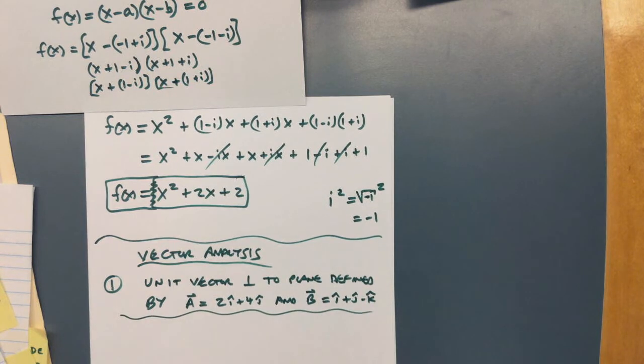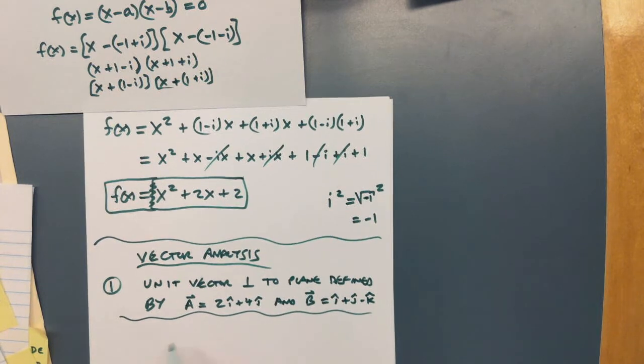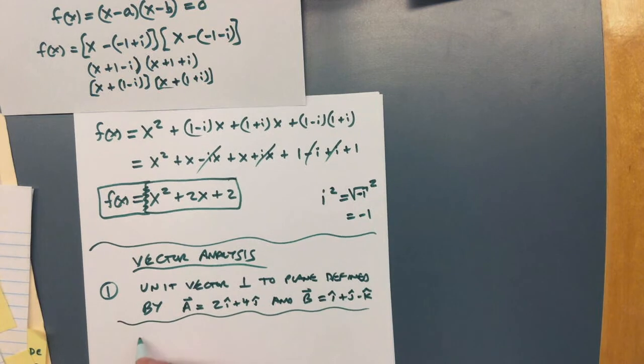So the approach here is to get a vector perpendicular to the plane and then turn it into a unit vector. A vector perpendicular to two other vectors is defined by the cross product of these two vectors. Their cross product will be perpendicular to the plane that defines the two vectors.